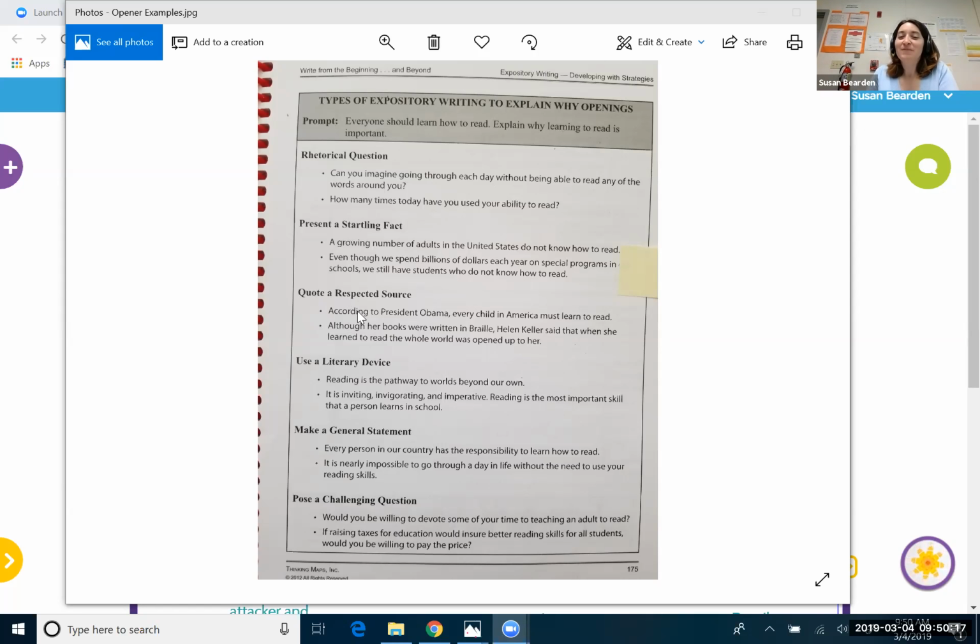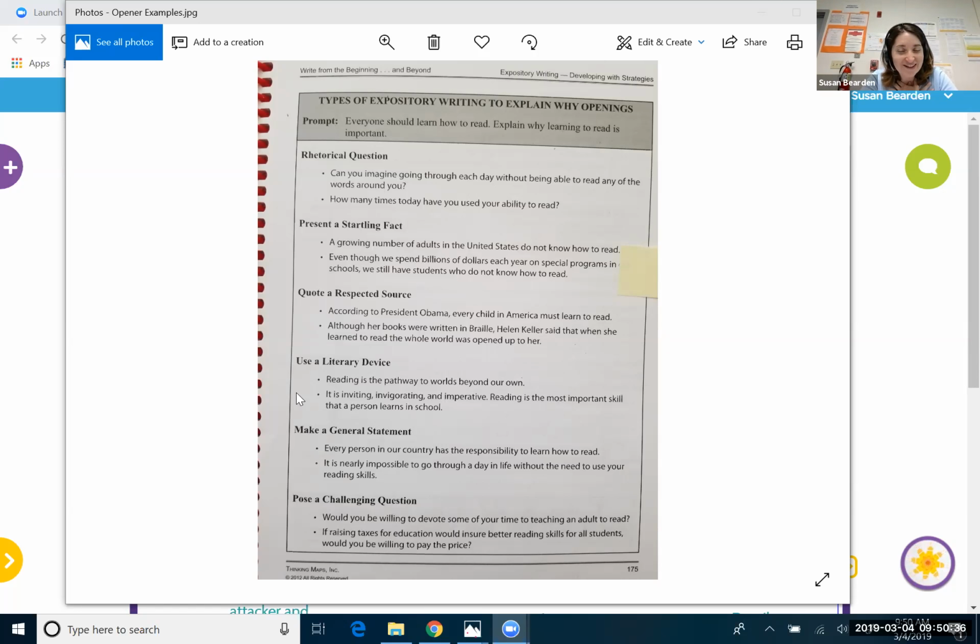We just talked about the strategy of quoting a respected source to open up our essay. The next strategy we're going to discuss is using a literary device. Now, this is a brief lesson, and I don't have time to teach you all the different literary devices. This is near and dear to my heart.